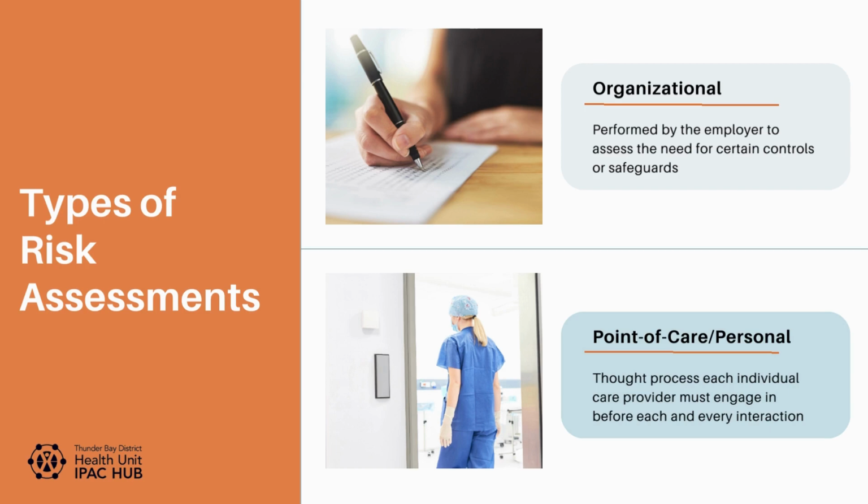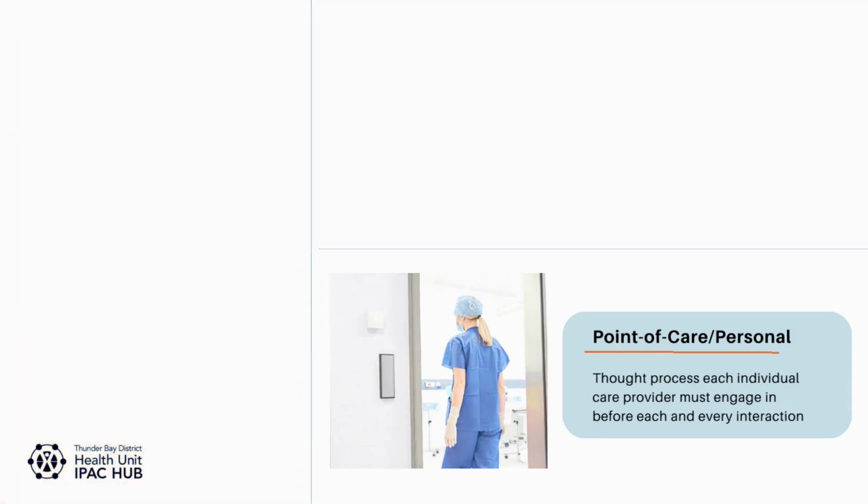Both terms are acceptable, however, we tend to use point of care. A PCRA is a thought process that each care provider must engage in before each and every client interaction or their environment. A risk assessment helps healthcare providers in choosing interventions which helps prevent the spread of infectious agents.